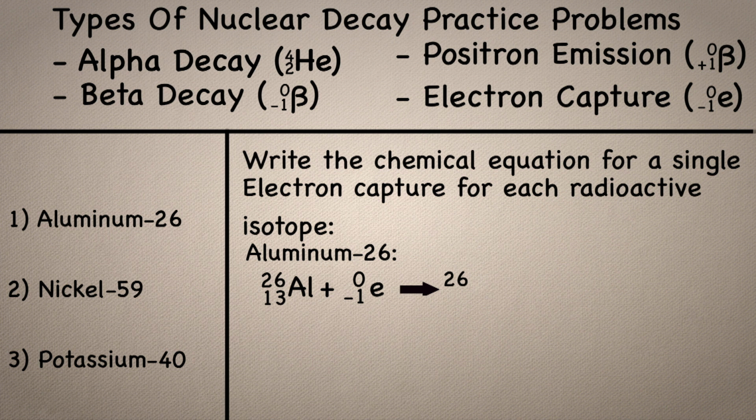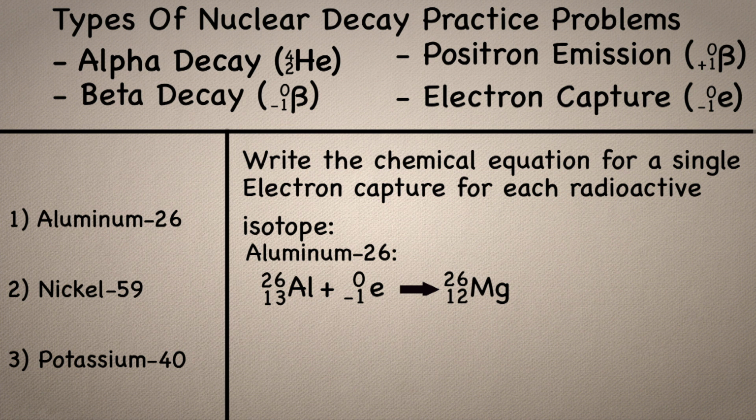We have 13 to start out with, and we subtract 1 from it because of the -1 with the electron. That's going to give us 12, so we have 12 protons. So we have 26, 12 as our numbers. The element that has 12 protons is magnesium, so it's 26, 12 magnesium.